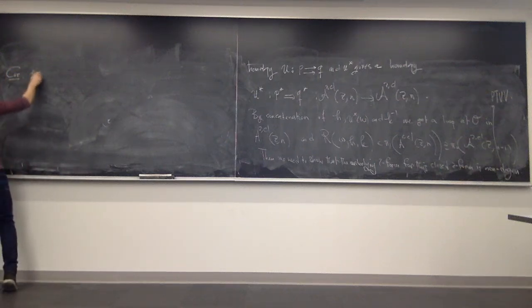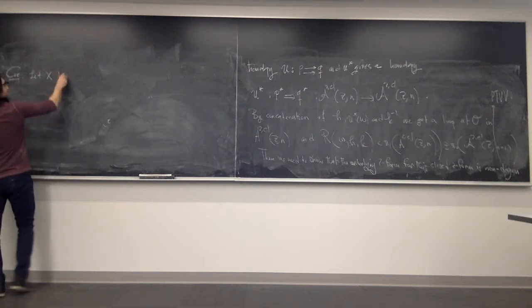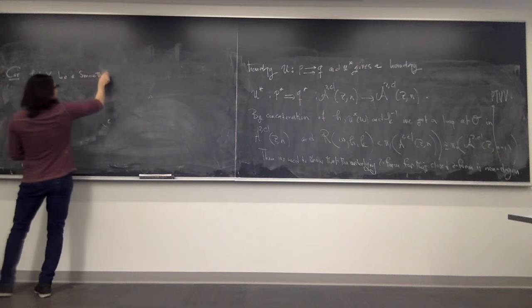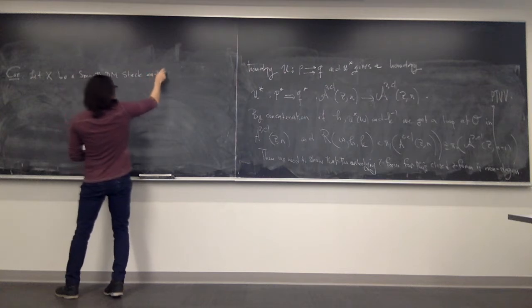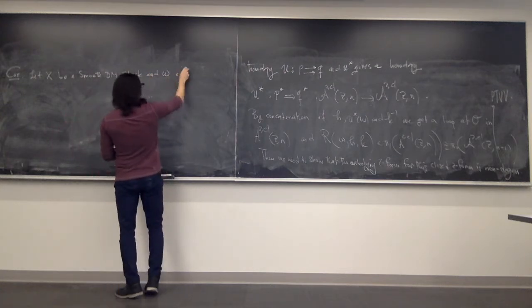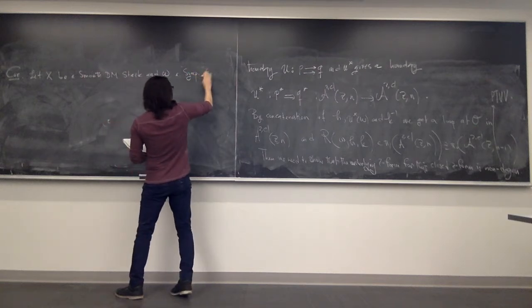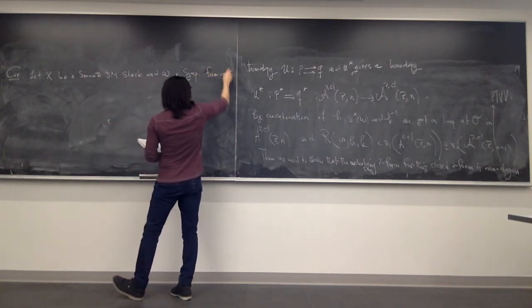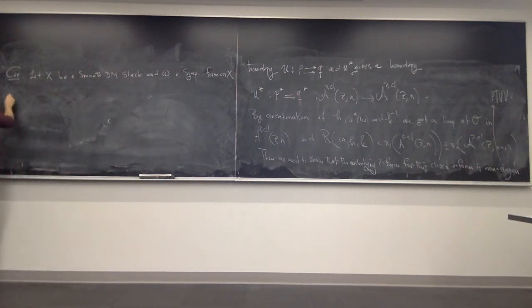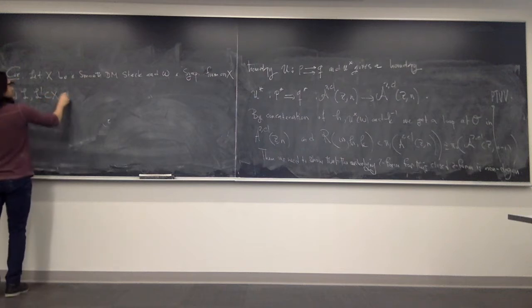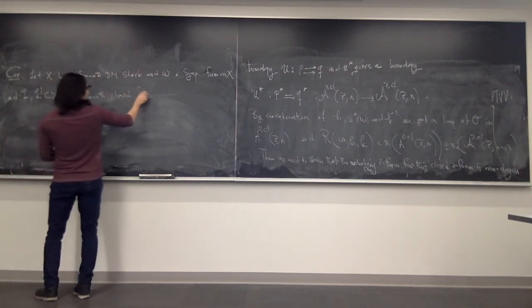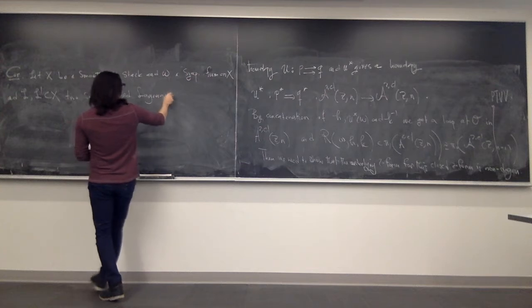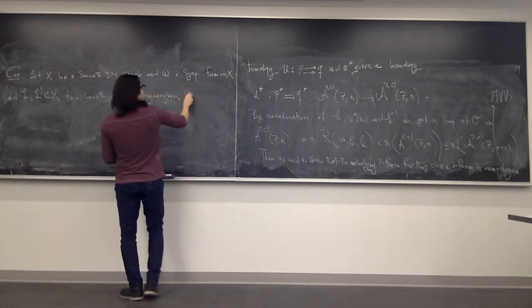Let X be a smooth DM stack and omega a symplectic form on X, and L and L prime in X two smooth closed Lagrangian subsets.